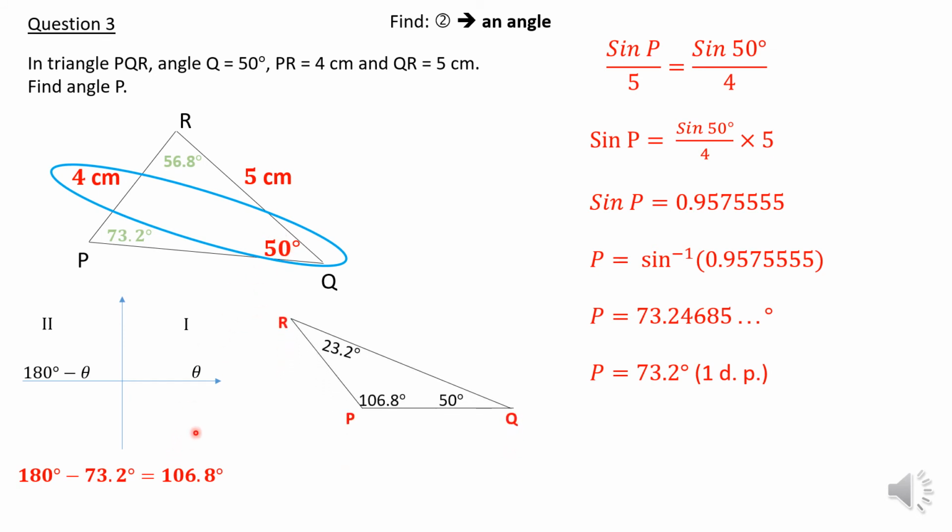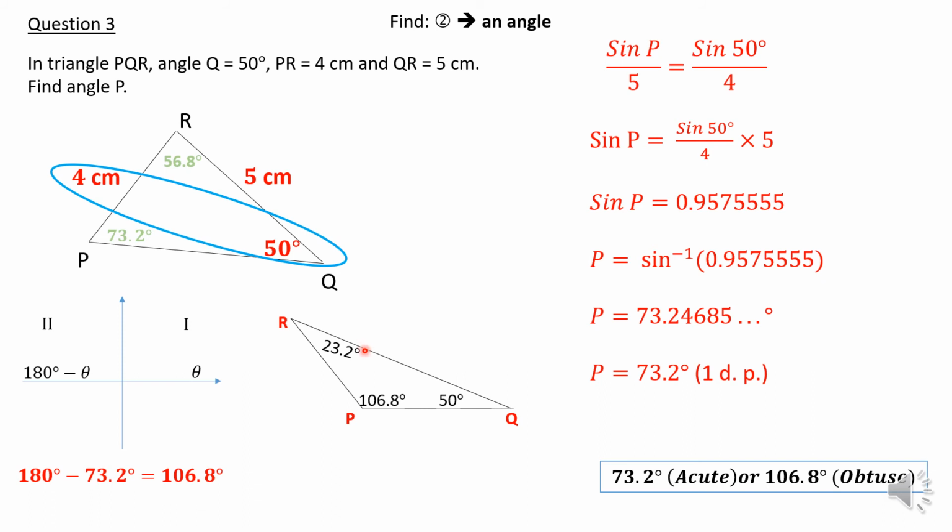So let me bring in a rough sketch so you can see what I mean. I have got an angle here that can be 106.8. I have my 50 here. The two of them do not add up to more than 180. So it means we can have a triangle where the angle is 106.8 or where the angle is 73.2, like what I have here. So we are going to talk briefly about that particular ambiguity.